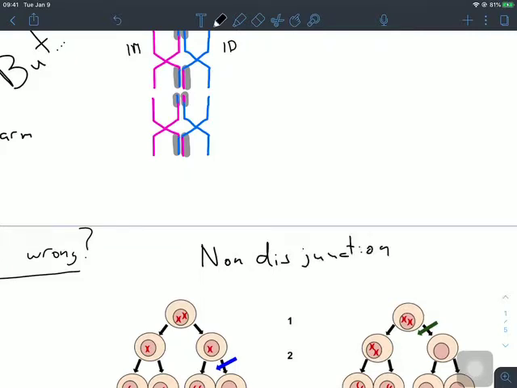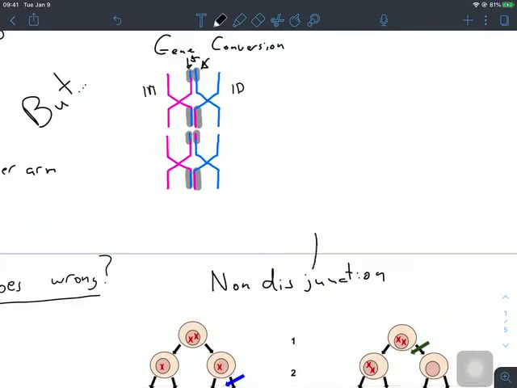A mouthful, I know, but non-disjunction refers to what happens in either meiosis 2 or meiosis 1 where the chromosomes are supposed to split apart, well, we refer to that as disjunction. In non-disjunction, you're instead seeing that the chromosomes do not split, and they travel together.